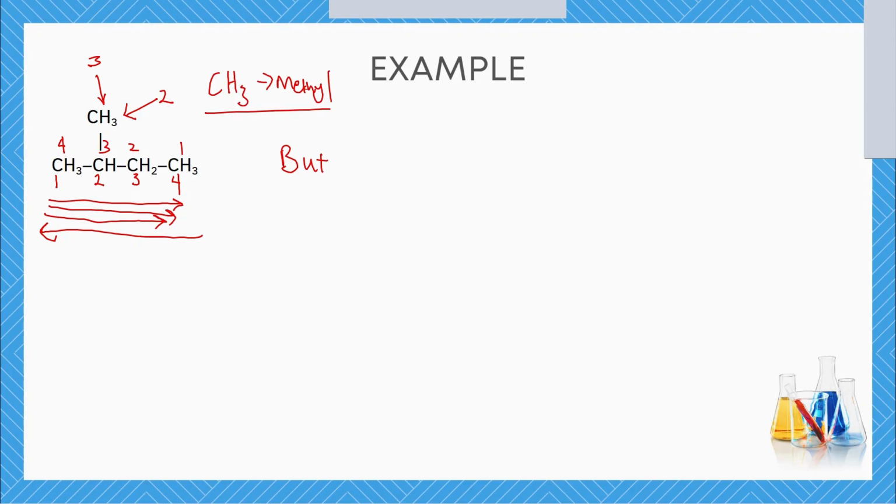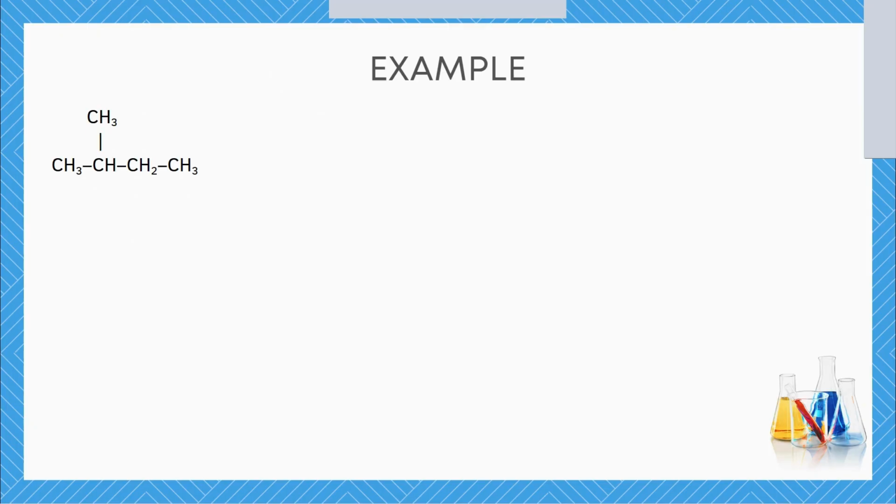I'm sure you saw how that was done. So now that we have counted, let's recount it again. Carbon number 1, carbon number 2, number 3, and number 4. Now let's identify the longest parent chain. 4 carbon atoms gives us BUT as the prefix. Now, are there any substituents? Yes, over here, and it is on carbon number 2.